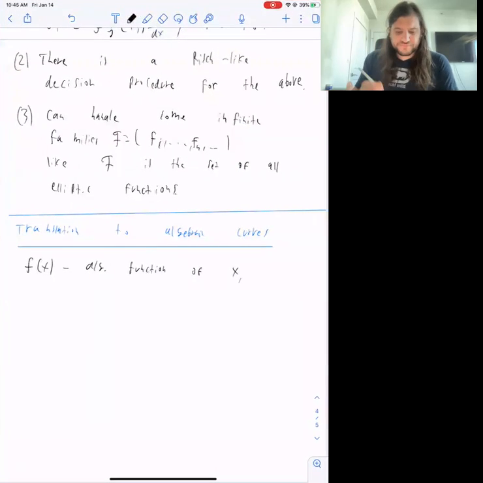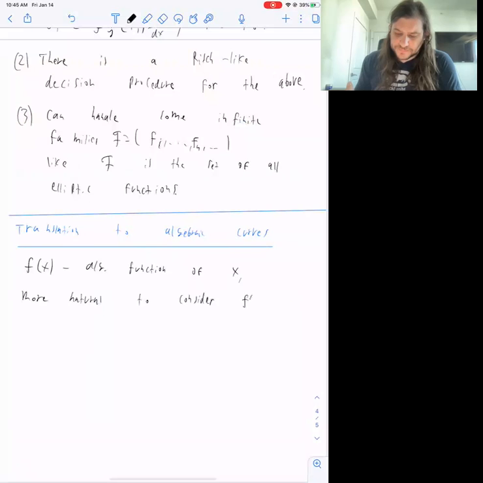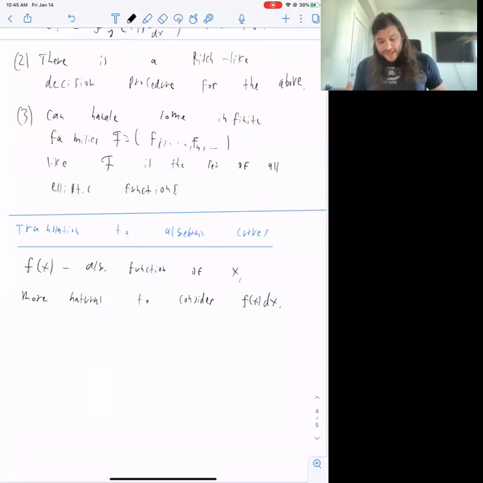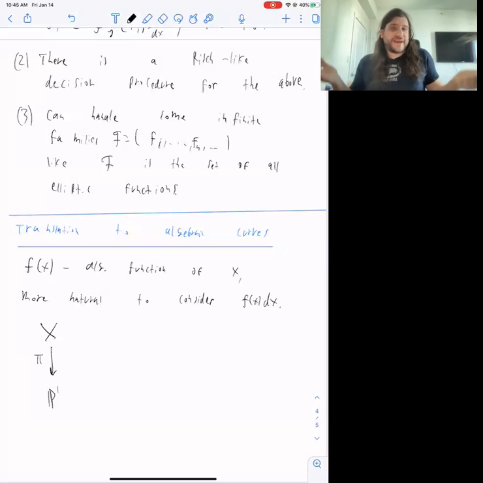Sorry, it keeps disappearing. So it's more natural to consider f of x dx. From this perspective, what is an algebraic function? Well, it means that we can take some algebraic curve X over P1, the algebraic curve basically determined by the defining polynomial of f, which is an algebraic function.